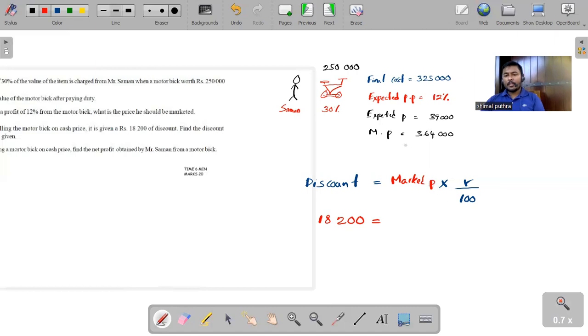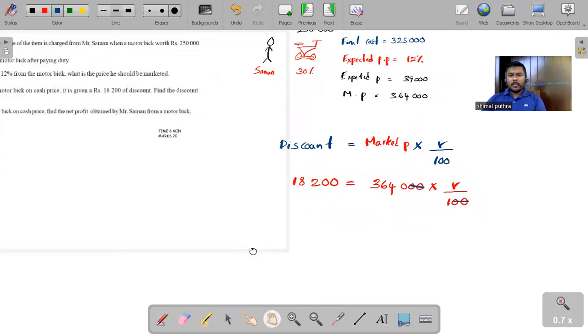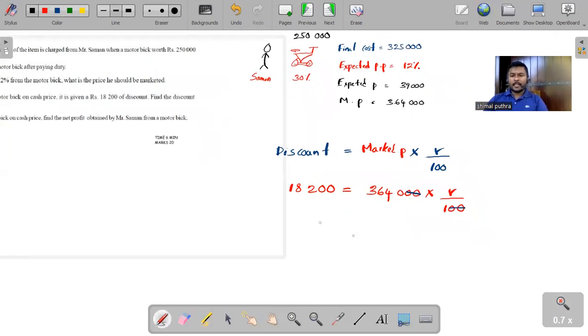Marked price into rate. The marked price is 3,64,000 into the rate. R is what I'm going to find. Zeros and zeros are cancelled.